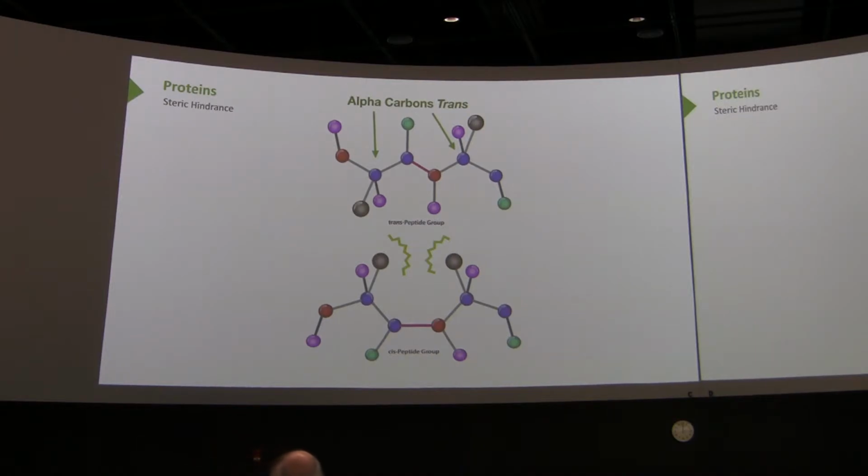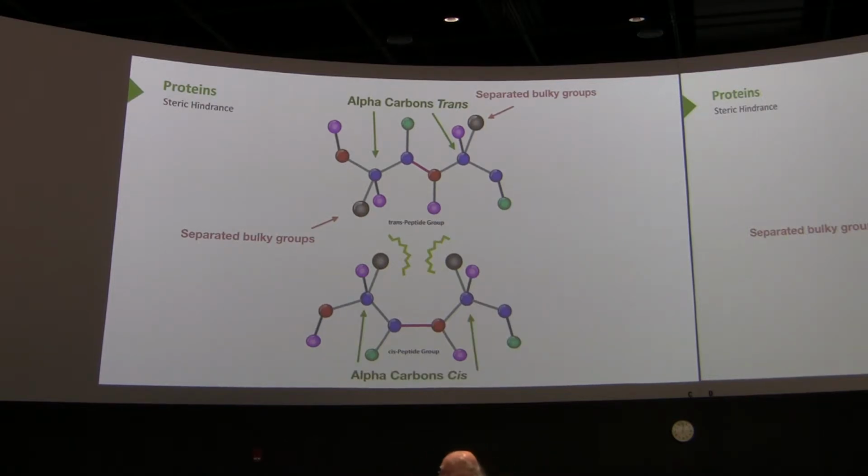Okay? On the top structure, they're in the trans configuration. In the bottom structure, they're in the cis configuration. Which one is going to have more problems with steric hindrance? Well, the one on the bottom. Okay? When we look at proteins, we see a very strong preference for trans orientation of those.